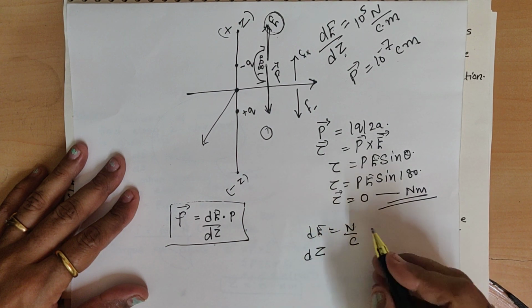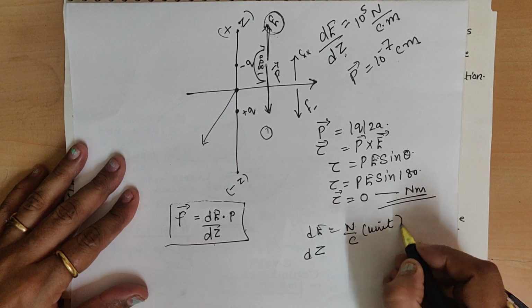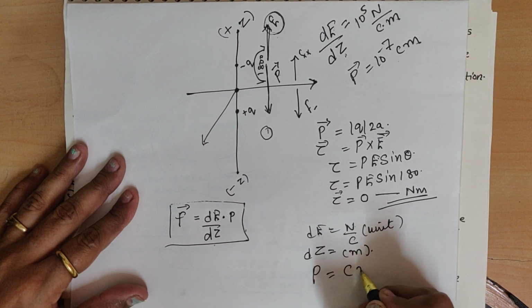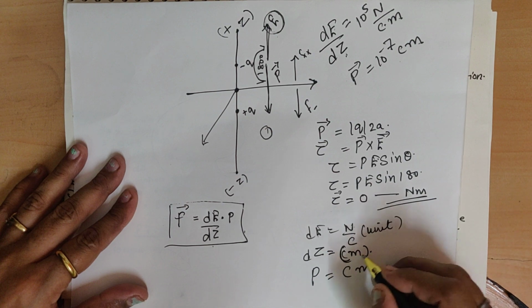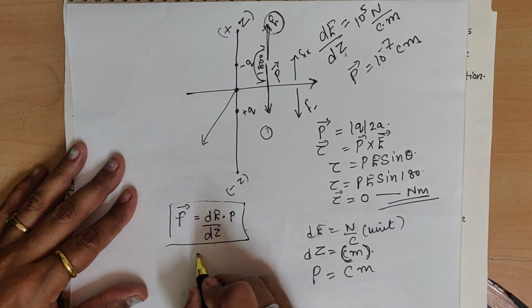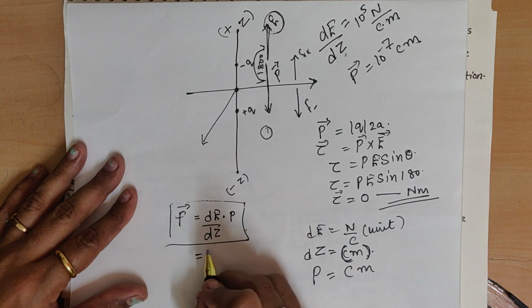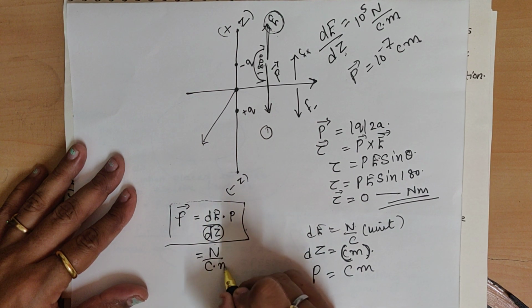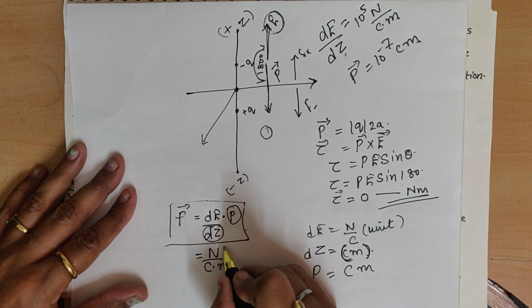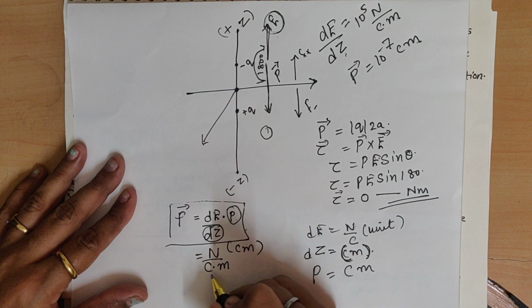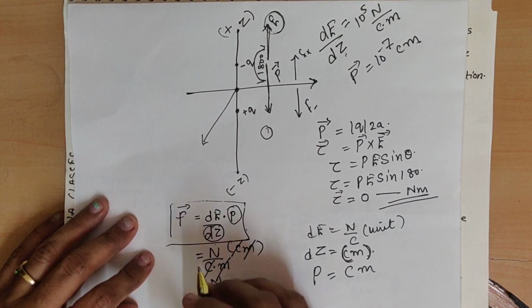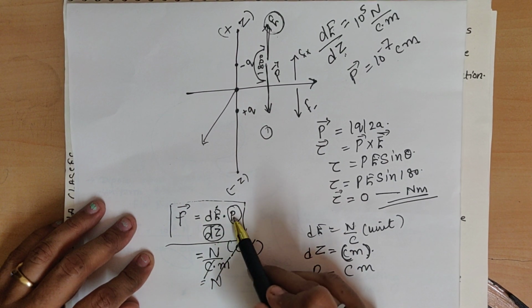Newton per coulomb unit wise. And what is dZ? It is the distance, so it is meter. And what is the unit of dipole moment? Coulomb into meter. So if I put this here, see whether we get the unit of force or not. This is Newton per coulomb. What is dZ? It is meter. What is the unit of dipole moment? Coulomb into meter. You can see that coulomb into meter get cancelled, so ultimately you will get the unit of F. So we can write F as dE upon dZ into P.